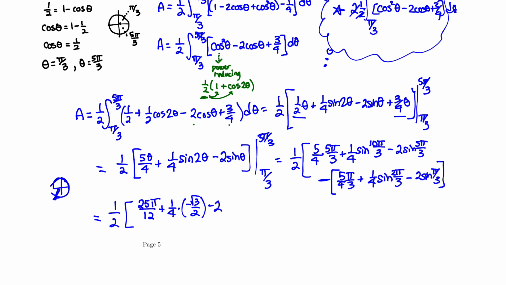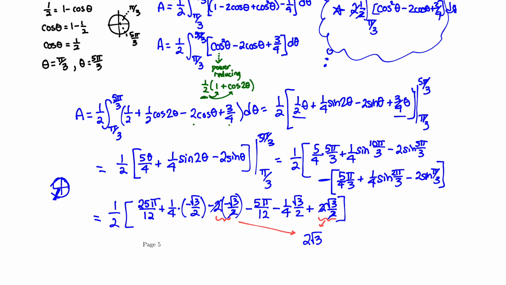Sine of 5 pi over 3 is also negative square root 3 over 2. Sine of 2 pi is positive square root 3 over 2. Positive square root 3 over 2. Ugh. So that gives me 2 square root 3's over 2 square root 3's from this piece and this piece.